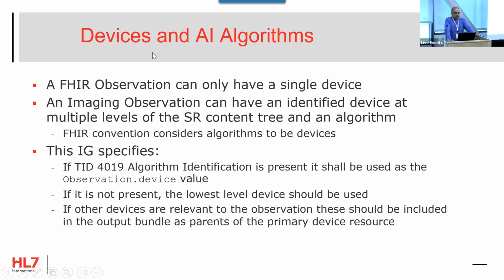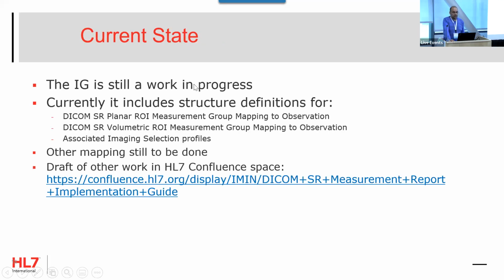As I mentioned quickly, AI algorithm is not a resource in FHIR, so the most appropriate is the device resource. And so that is what we have. And as I said, it's still a work in progress.